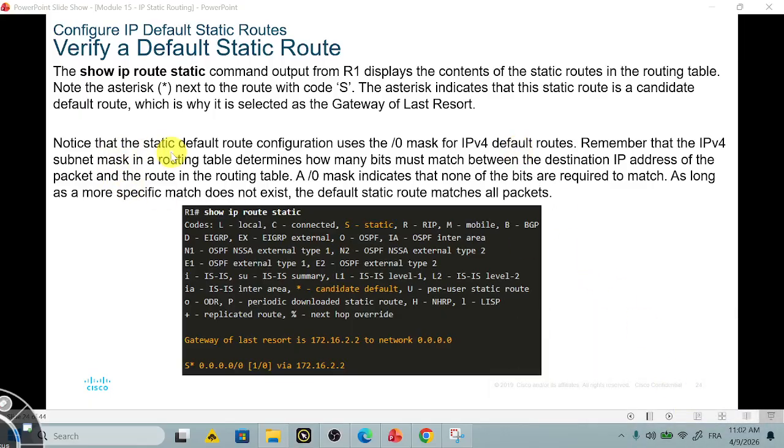Notice that the static default route configuration uses the /0 mask for IP version 4 default routes. Remember that the IP version 4 subnet mask in a routing table determines how many bits must match between the destination IP address of the packet and the route in the routing table.